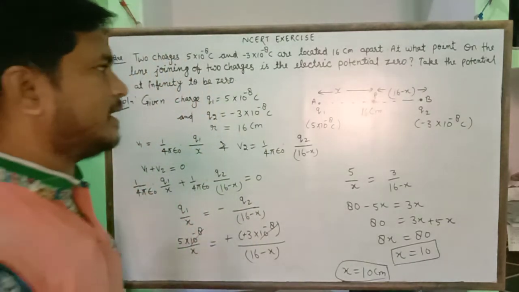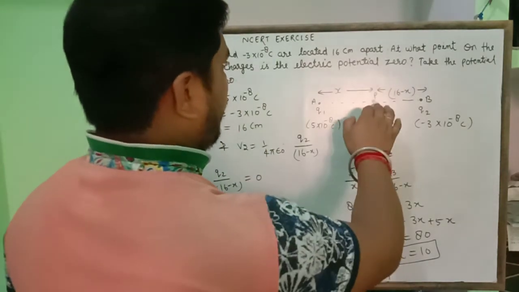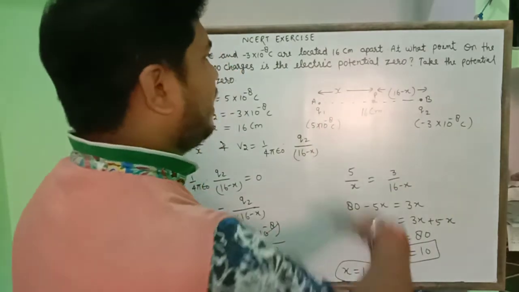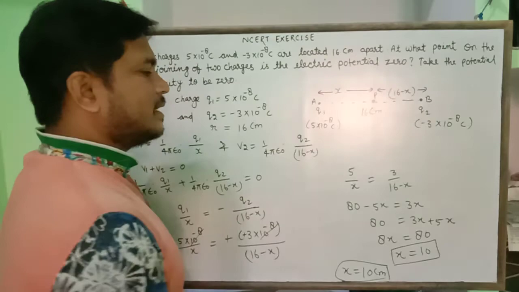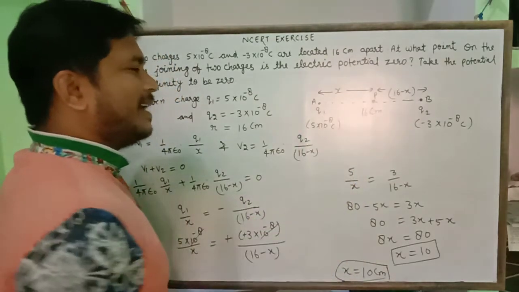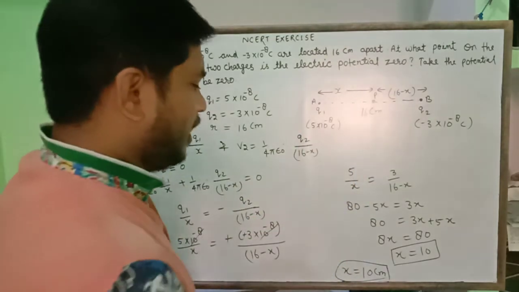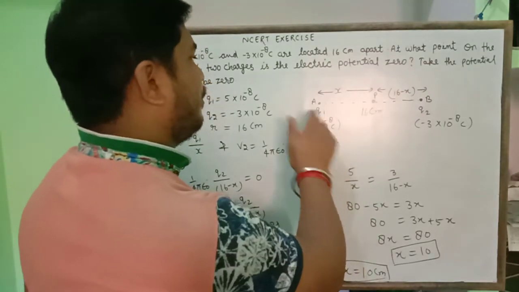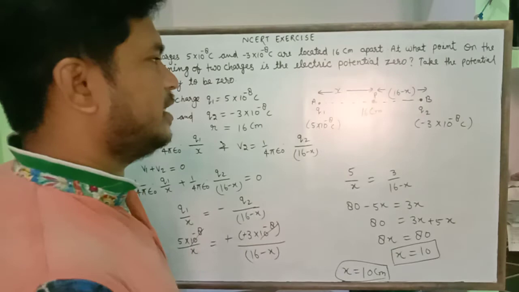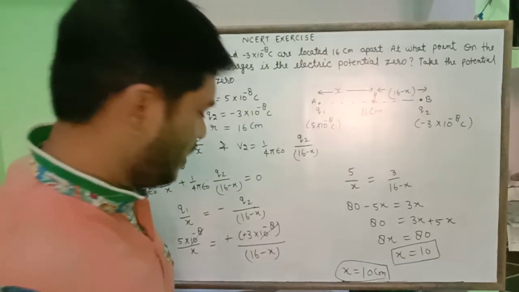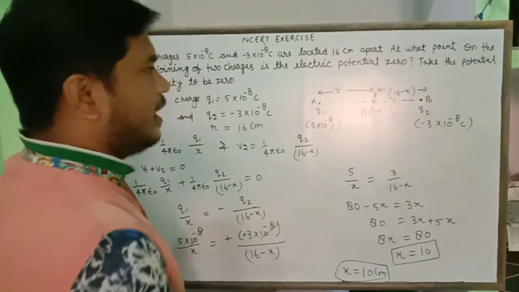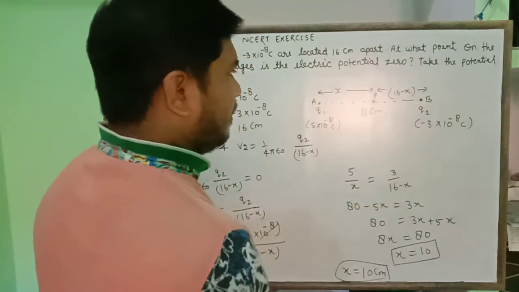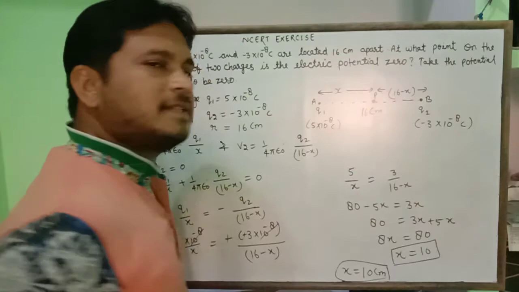So we can say that the point P on the line joining the two charges, the potential should be equal to 0 at 10 centimeter distance from the charge Q1, means positive charge. Okay, and if this is 10, so this is 6.